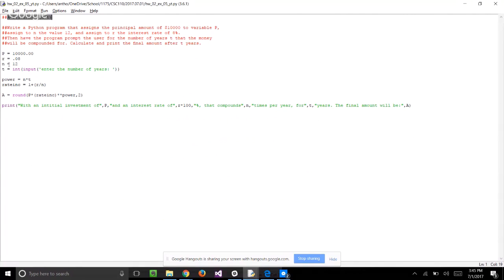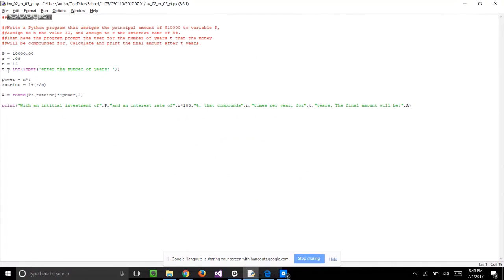I have n here, which is the periods of compounding per unit of T. And T here is the number of years. So obviously per year, it's going to compound 12 times. That could change depending on the formula.